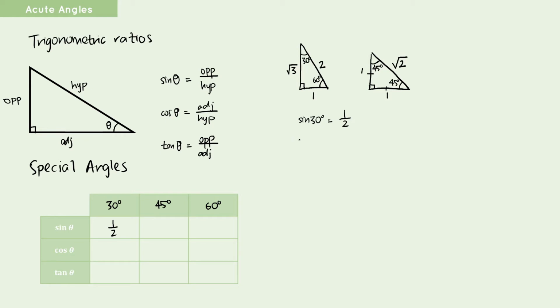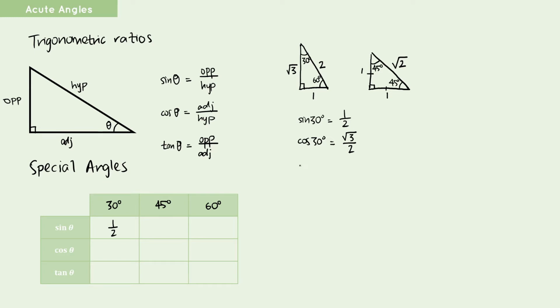Next, we can find cosine 30 degrees. Cosine is adjacent over hypotenuse. We have our 30 degrees here, and we want to find the adjacent side. The adjacent side is this side over the hypotenuse, so it's square root 3 over 2.